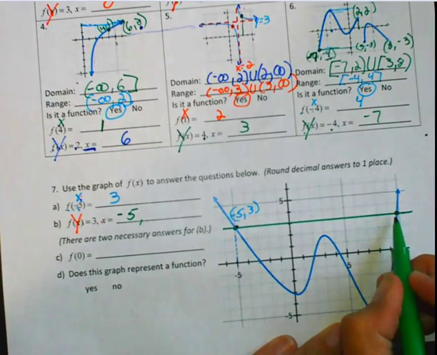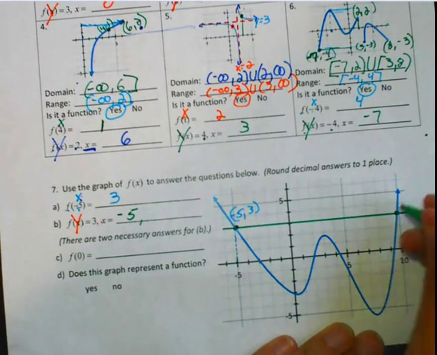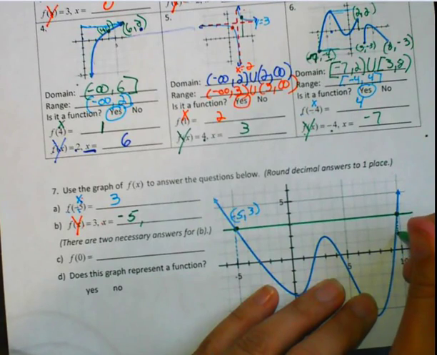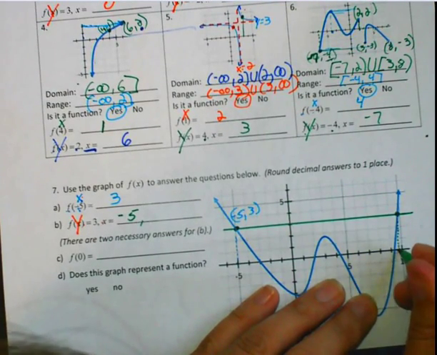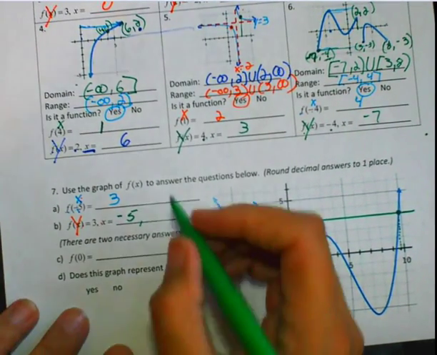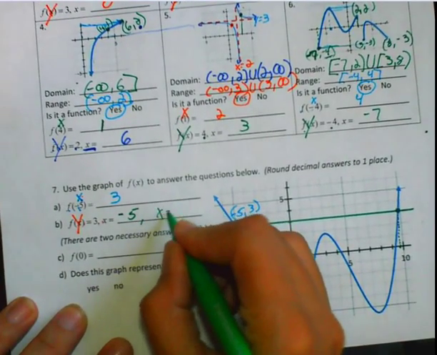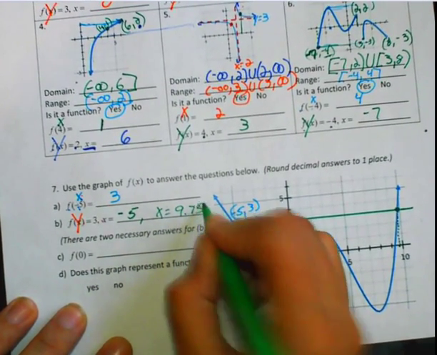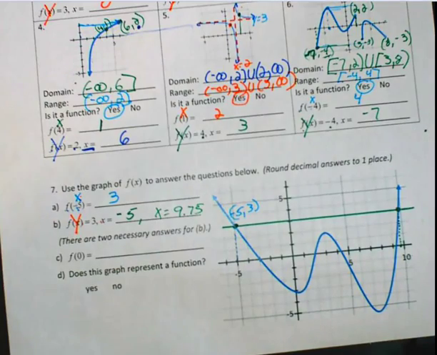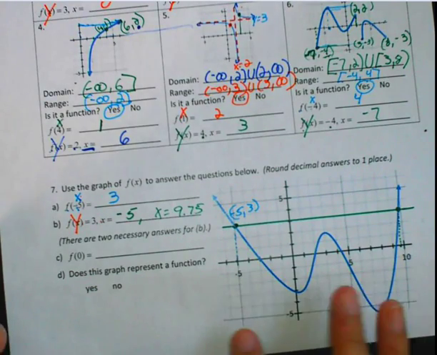This also represents where y is 3, and the x value is, I would say, about 9.75. So we also have x equaling 9.75. So there are 2 answers here. Be careful with these types of problems to make sure that you have all of the solutions.